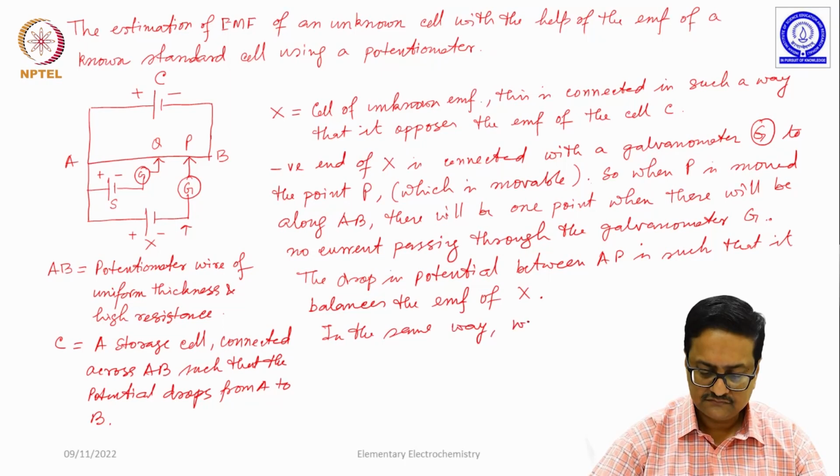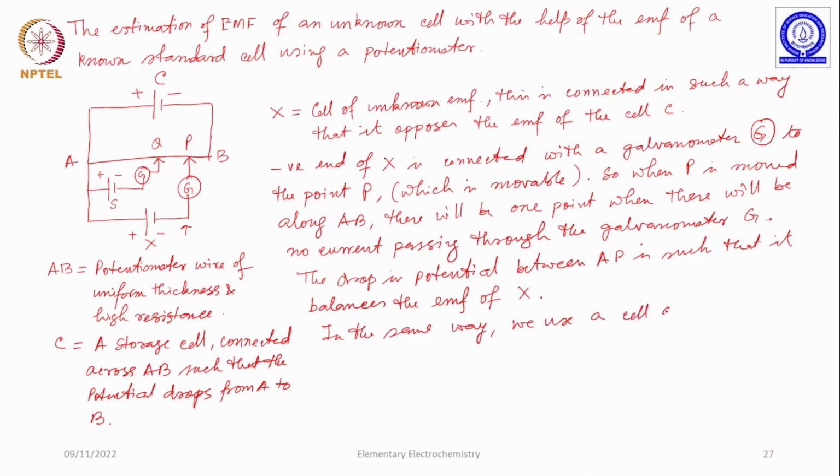In the same way, we use a cell of known EMF, that is the cell S, the standard cell. So, instead of using the cell X, we use a different cell S and do the experiment again.